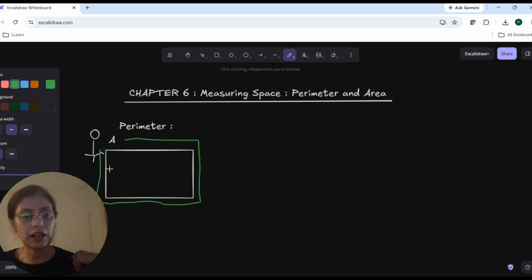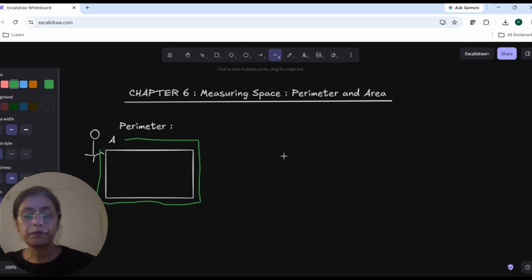You reach the starting point, which was A. So the total distance that you covered when you started from point A, went around and reached back to the starting point, that is the perimeter of this rectangle.